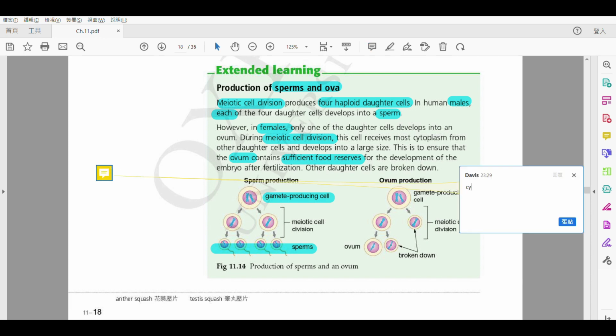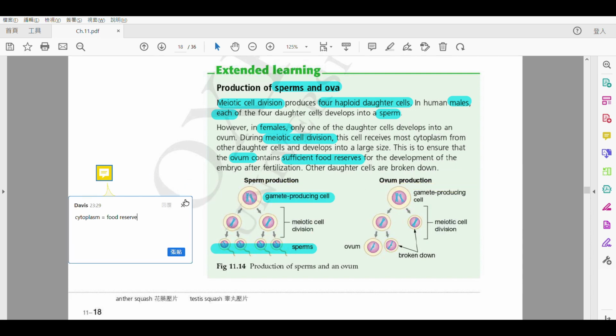Remember 啦就係呢一個嘅 cytoplasm act as 呢一個嘅 food reserve 嘅，OK 係儲存食物嘅啦，得唔得？Cytoplasm 就係 food reserve 啦。I think you will learn that later. Okay, so therefore 啦，發生咩事啊？It needs to get the most cytoplasm. Alright, it needs to keep on getting most cytoplasm.